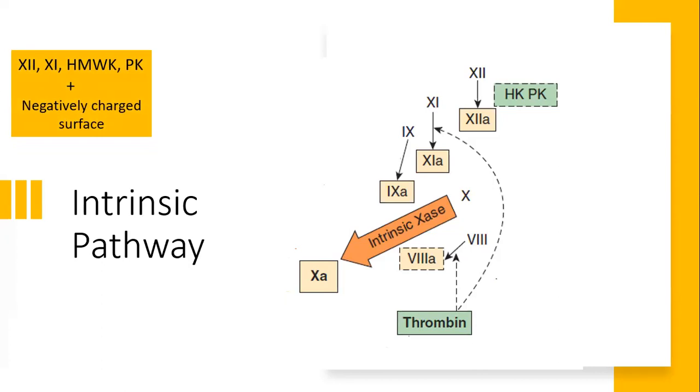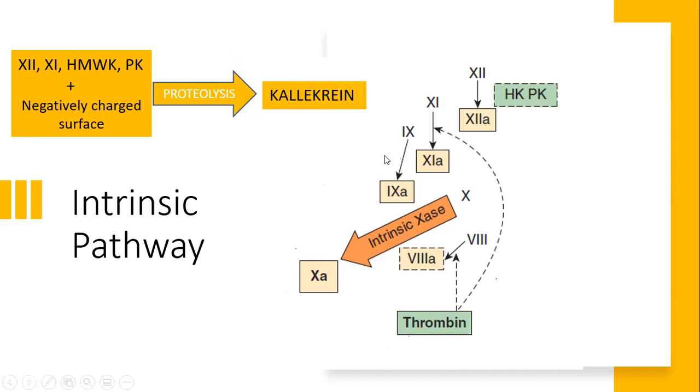Okay, so your factor 12A, 11, so factor 12, factor 11, high molecular weight kininogen and prekallikrein, as well as the negatively charged surface, can then proteolyze your kallikrein. Kallikrein is a product of your prekallikrein.